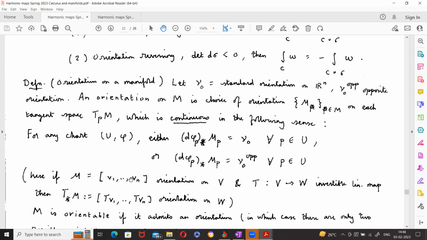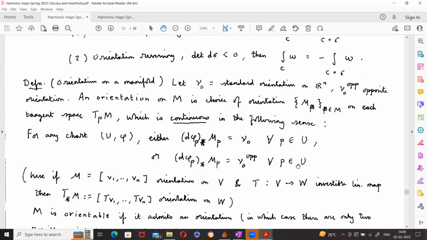So what we want is that for all points p in this chart U, the push forward of mu p by the derivative of phi at p is either equal to the standard orientation at all points in the chart, or the push forward is equal to the opposite orientation on R^n at all points in the chart.